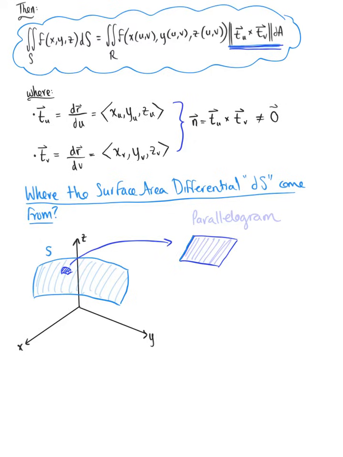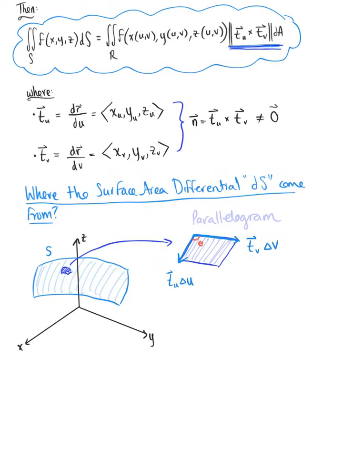You have a tangent vector pointing in the u direction, so we can define this as the tangent vector in the u direction multiplied by some sufficiently small change in u. And then we have a tangent vector pointing in the v direction, multiplied by a sufficiently small change in v. And we have some angle in between, some theta.